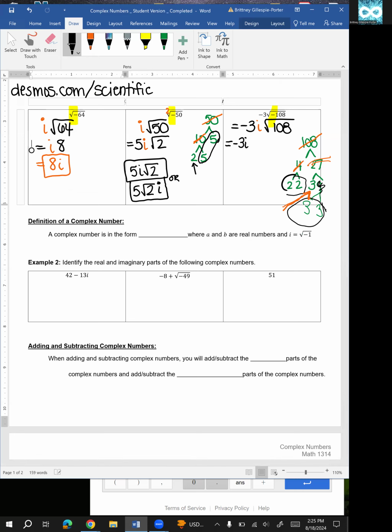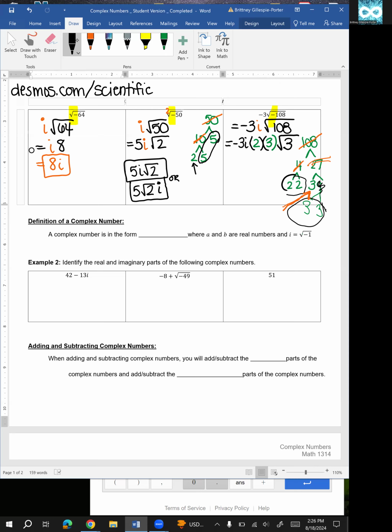I'm going to bring out a 2 that we circled and a 3 that we circled. And then if there's anything we drew an arrow to, it remains inside, which is that lone 3. All the numbers on the outside are going to get multiplied together.